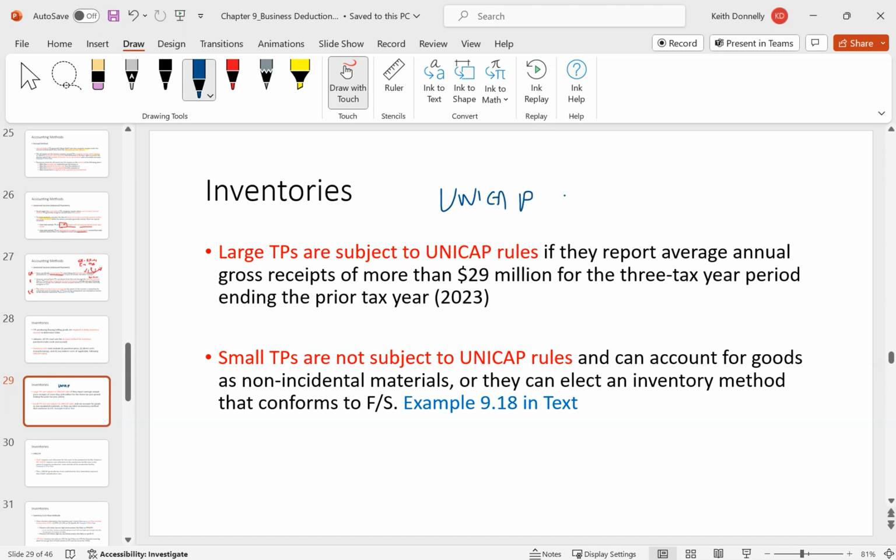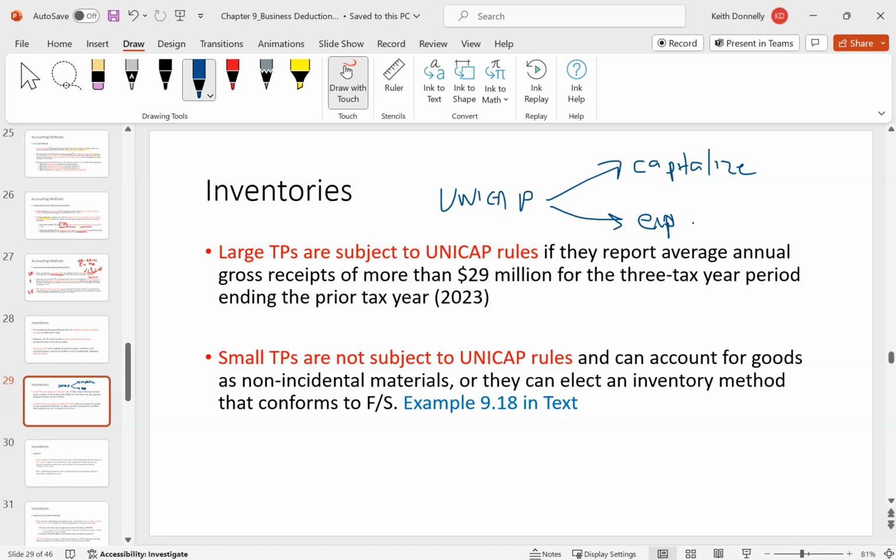The UNICAP rules basically say, what do you capitalize as a product cost versus what do you expense as a period cost? What do you absorb into your inventory and defer that expense until later on when you sell it as cost of goods sold, versus what can you immediately expense now? They're very detailed, nuanced rules. They're a headache to comply with. You have to go in and pluck out all the inventory. It's a big headache to deal with.